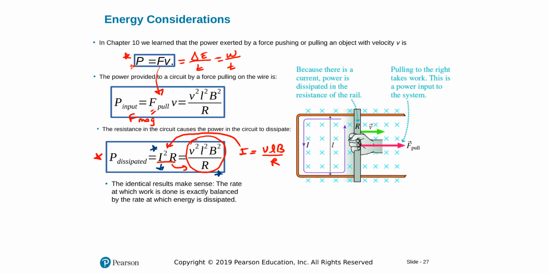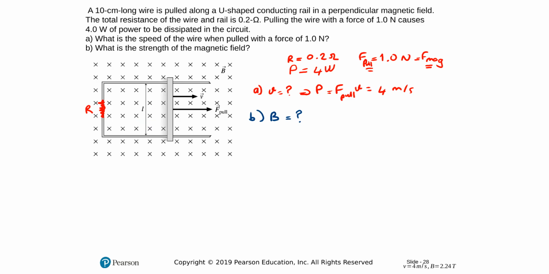Then I can use my current to find B, which is the way I want to go here. So power is equal to I squared R. Divide each side by R, which gives power divided by R. Take the square root, and this gives me the current. I is equal to the square root of power over R. So get your current from here.